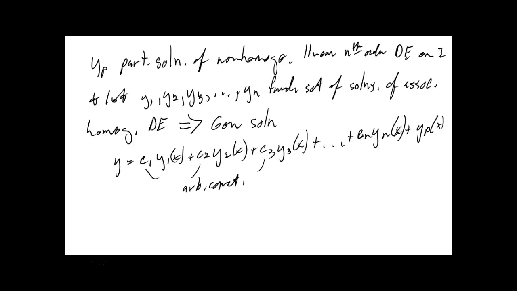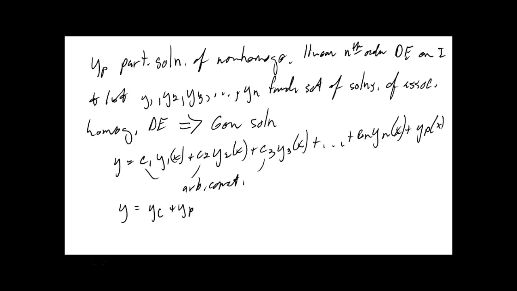So, remember this, the general solution for a non-homogeneous linear nth order differential equation is comprised of yc, the complementary part, which is the solution for the associated homogeneous part, plus yp, which is the particular solution for the non-homogeneous part.